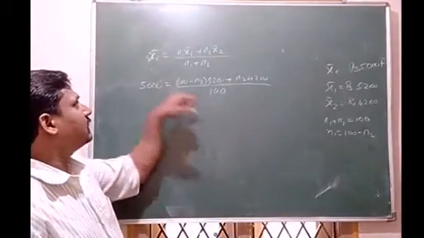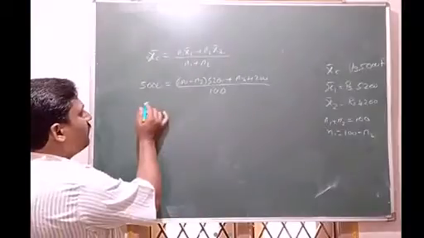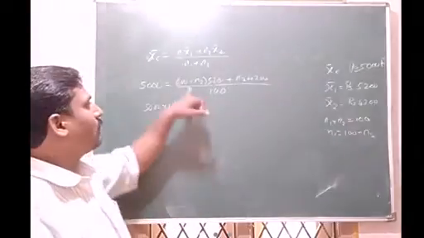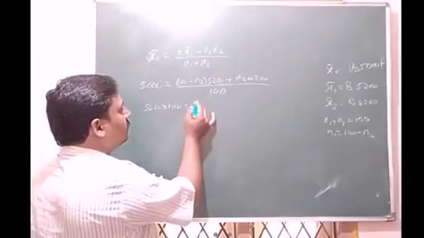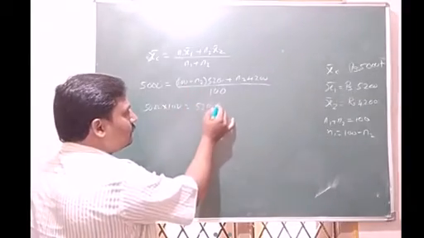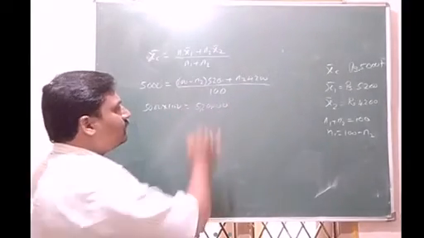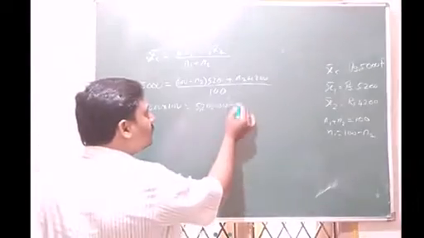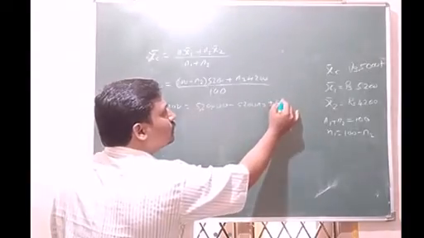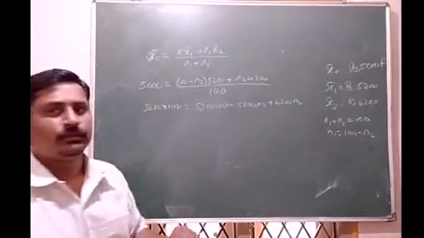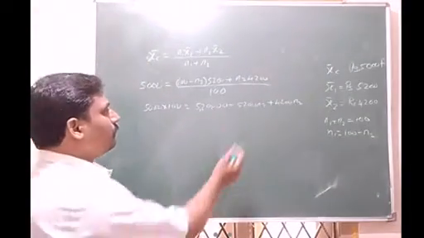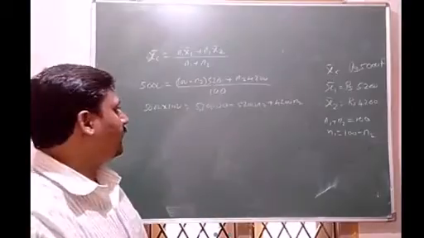Now take this 100 to this side. So 5,000 into 100 is equal to 100 into 5,200, which is 5,20,000, minus 5,200 n2 plus 4,200 n2. Now let us make it simpler.